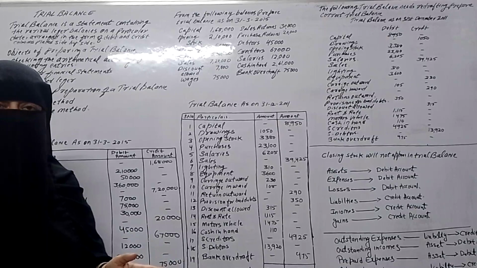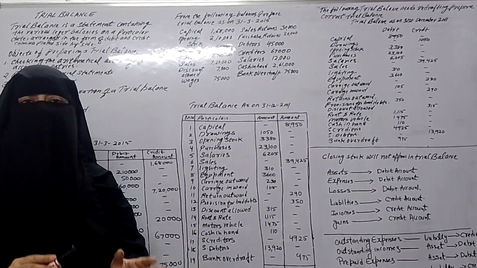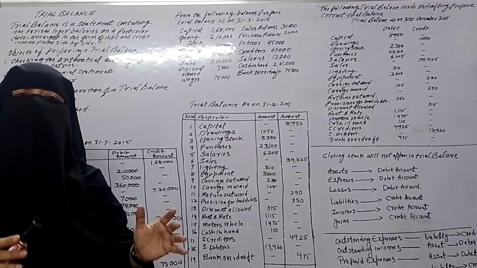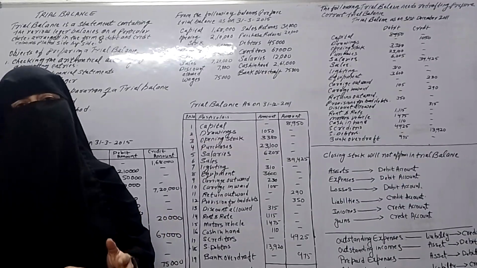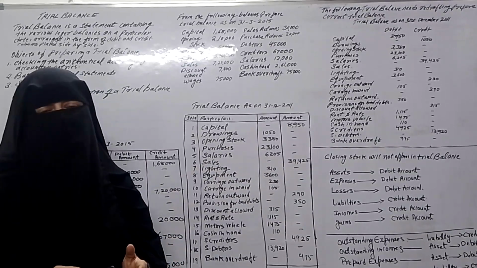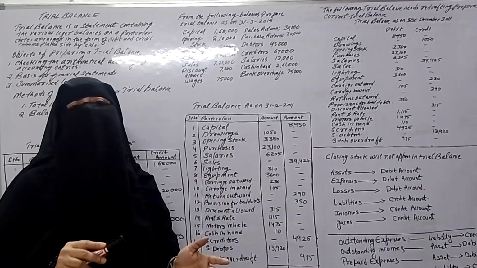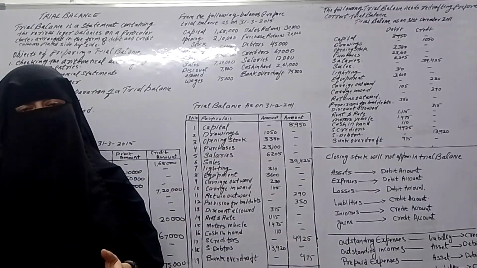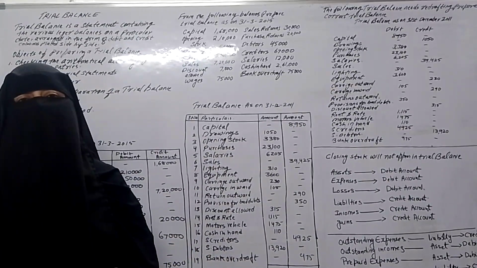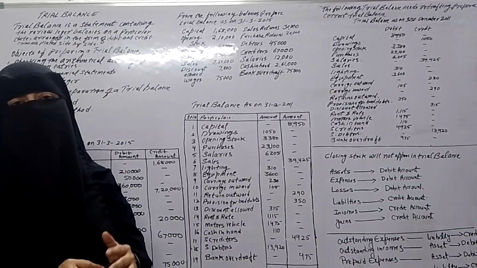So it is clear, trial balance is not an account, it is a statement containing all the ledger balances, debit balances as well as credit balances on a particular date. And this trial balance is prepared before preparation of financial statements, that is trading account, profit and loss account and balance sheet.